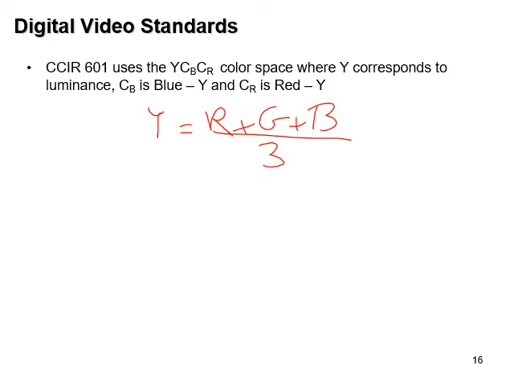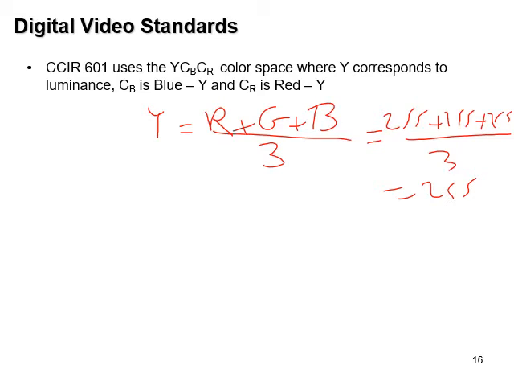So if you have a white pixel, it's like you're adding 255 plus 255 plus 255 and dividing by 3, so you get 255, which makes sense because if it's a white pixel, then the brightness should be very high. If all are 0, it's 0. What if all of them, the RGB, are equal to 128, which is a midway gray value? The average would be 128. So Y is a good estimate in that case.